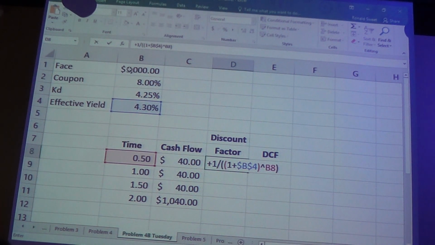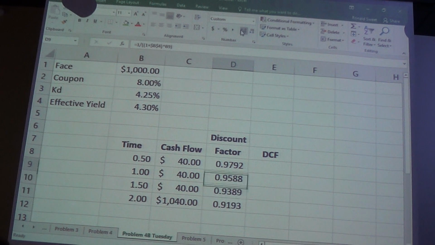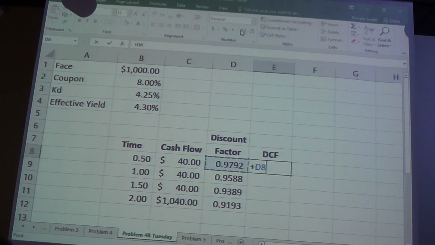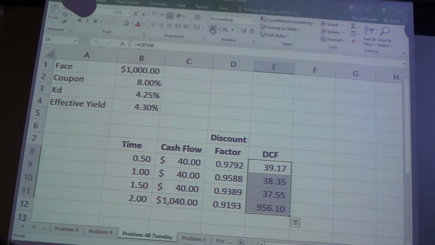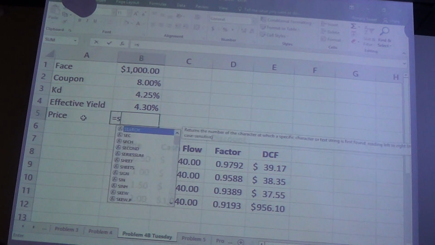Would you expect 0.7, 0.98, 1.5? 0.98, right? You want something around 99, 98 for that first year, and after that, it should get slightly smaller each time. And your discounted cash flow, you just multiply across. And your price is just the sum of those discounted cash flows.